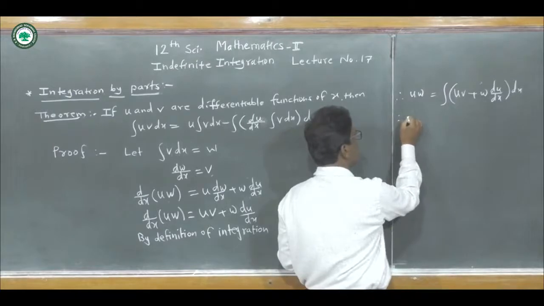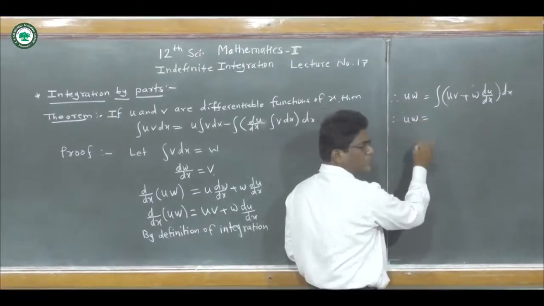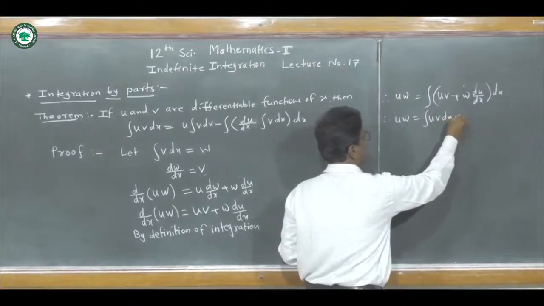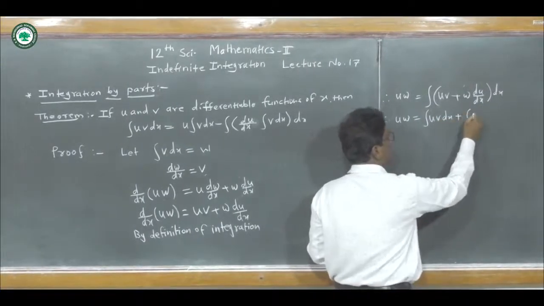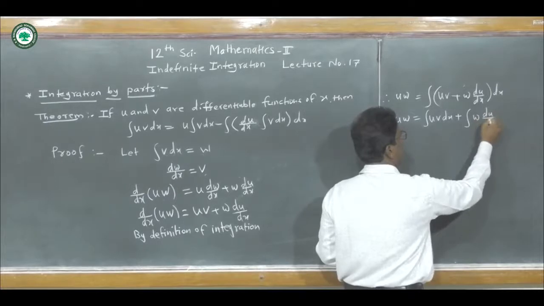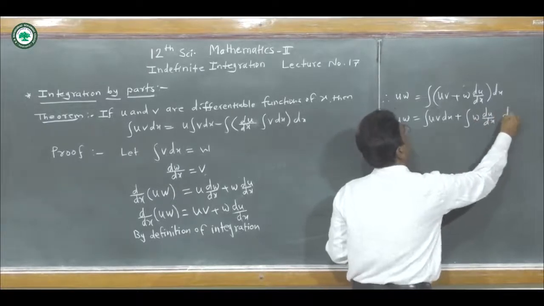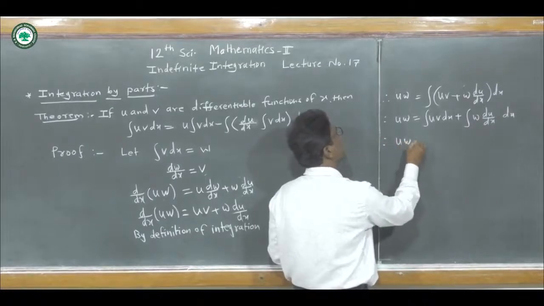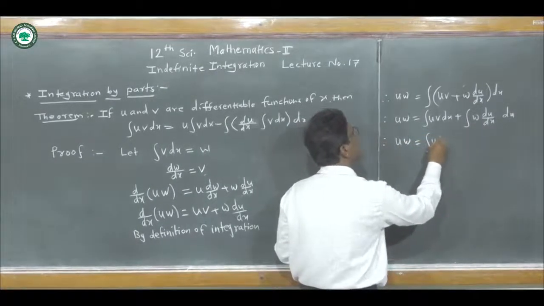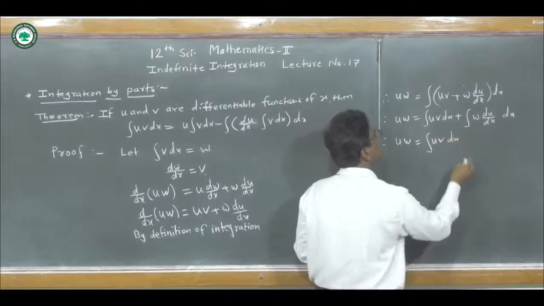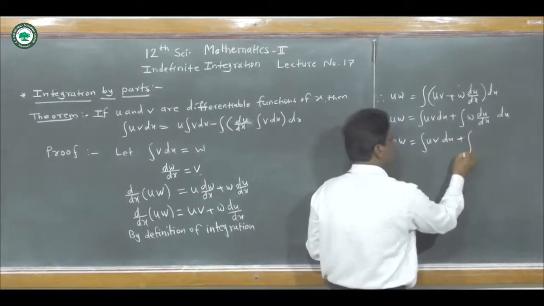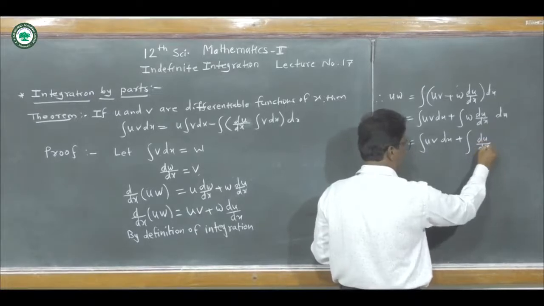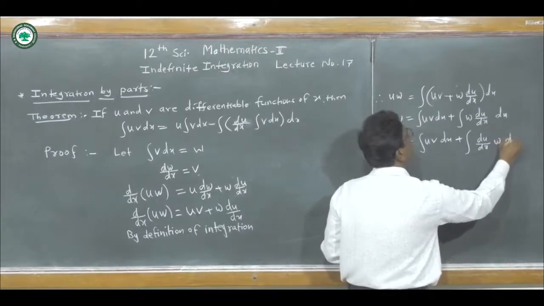Therefore uw is equal to integration of uv dx plus integration of w du by dx into dx. And so we write this as uw is equal to integration of uv dx plus integration of, we write this du by dx firstly, and then write this w into dx.